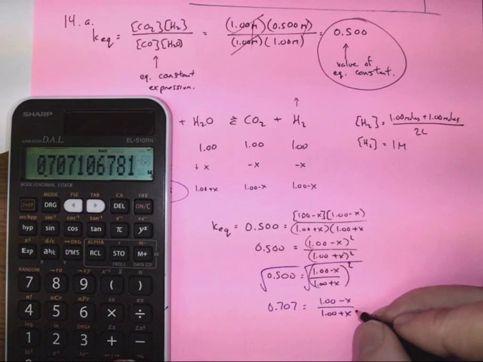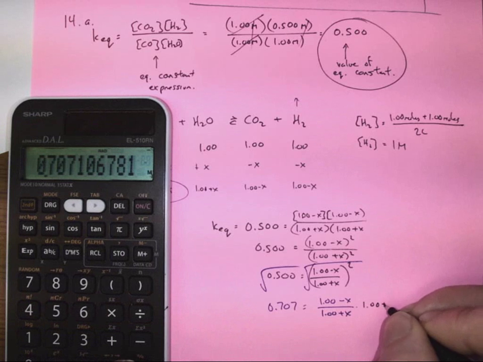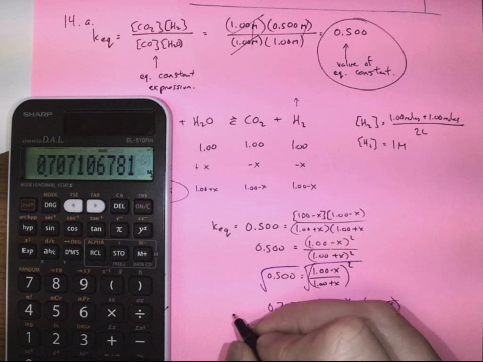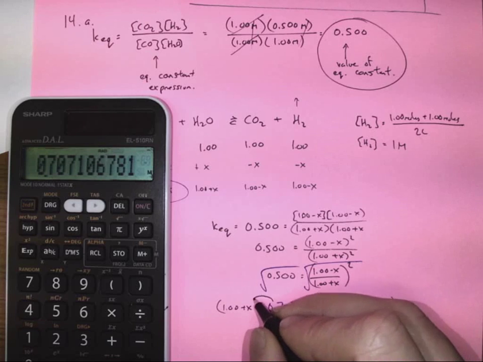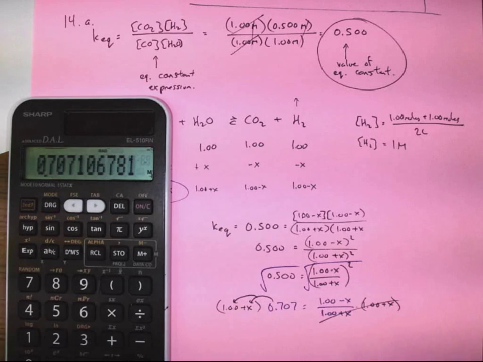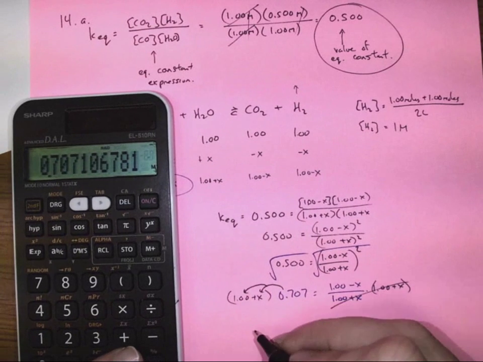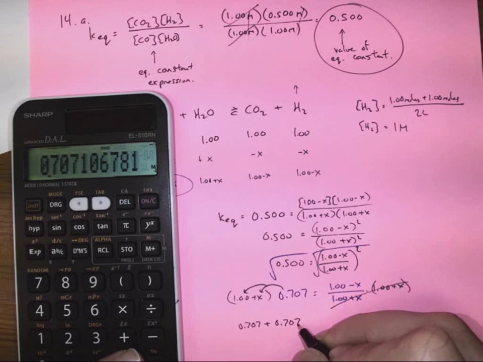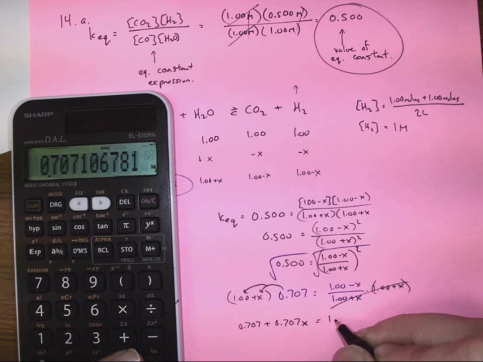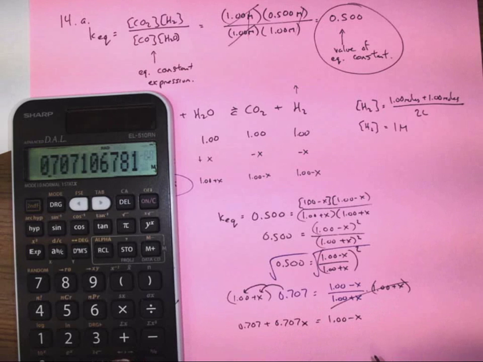Now we've got to solve by multiplying both sides by 1.00 plus x. It cancels out, and we'll multiply by 1.00 plus x over here. And distribute the 0.707, so we get 0.707 plus 0.707x is equal to 1.00 minus x.